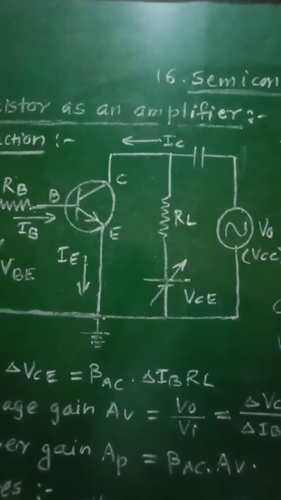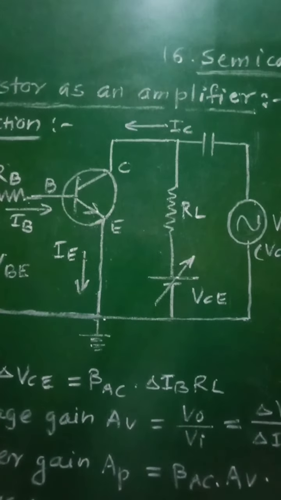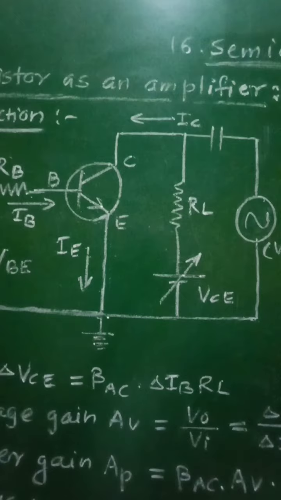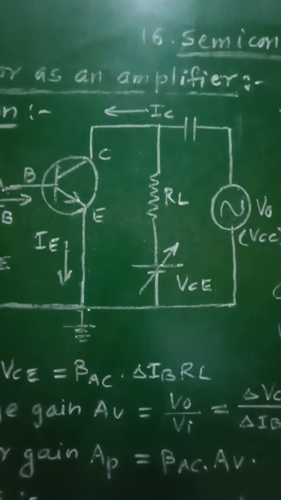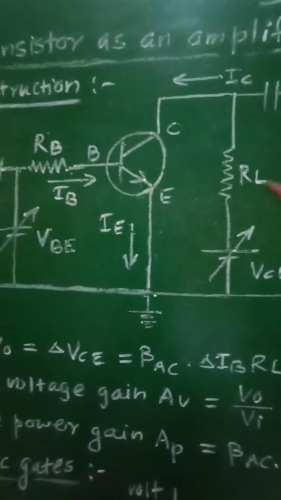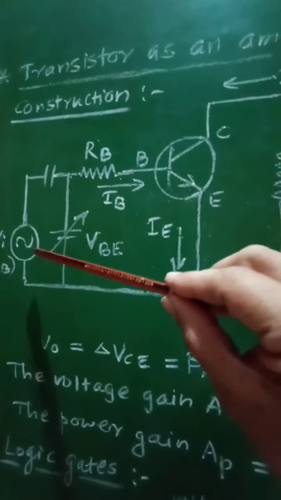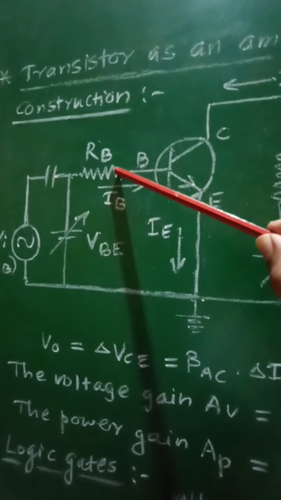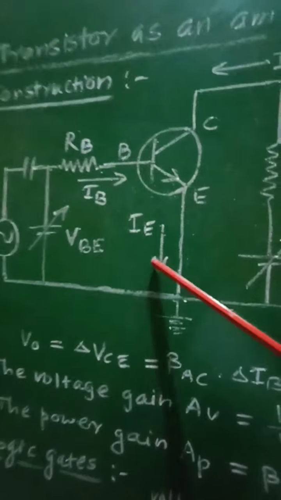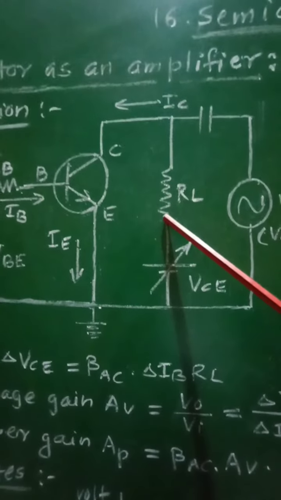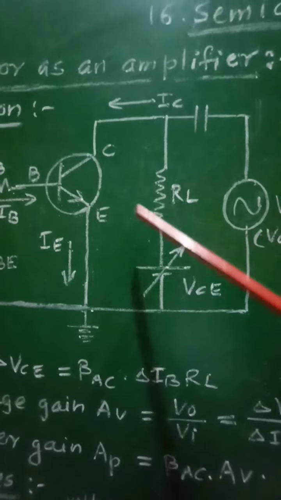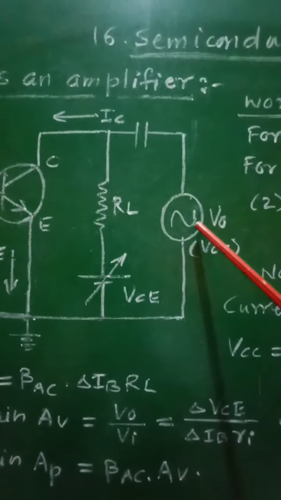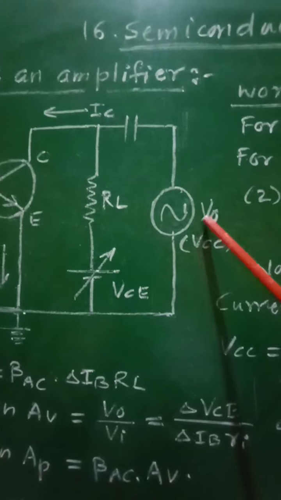Then the load resistance RL is connected in the circuit across which the output voltage will be obtained. So the input voltage in the form of a sinusoidal wave is supplied between base and emitter, and the output voltage across this load resistance RL, between collector and emitter, will be obtained, that is Vo.